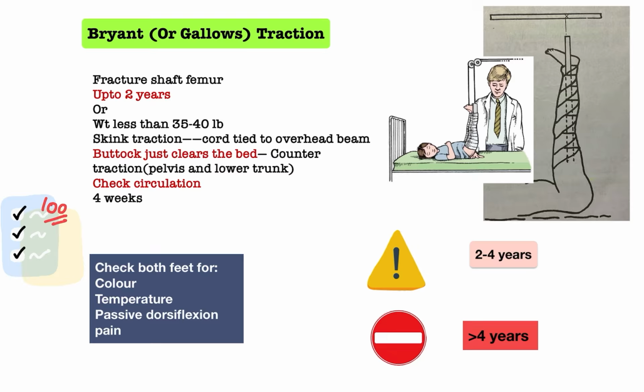Therefore, Bryant's traction is used in children below 2 years of age. It is used with caution in children 2 to 4 years of age, and it is absolutely contraindicated in children above 4 years of age. Bryant's traction is used for fracture shafts of femur.